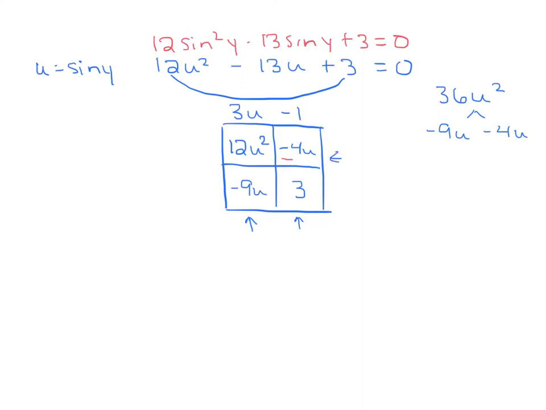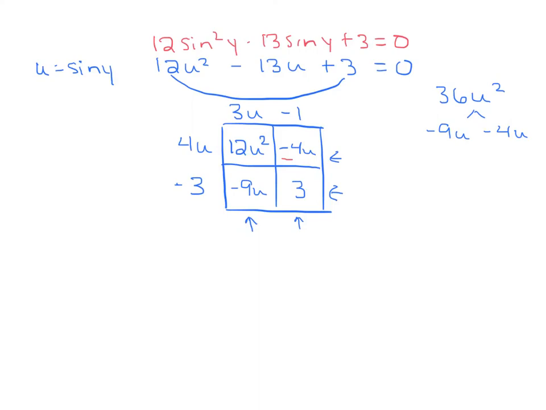On my top row, there is a 4u, but because the 12 is positive, on that edge it's not a negative. It's a positive 4. Then I'm looking at my factors from the bottom row. I see a factor of a 3, and because the 9 is negative, I have a negative 3.